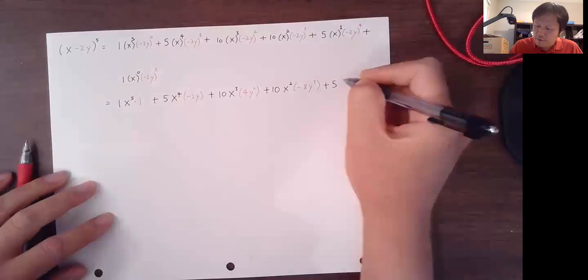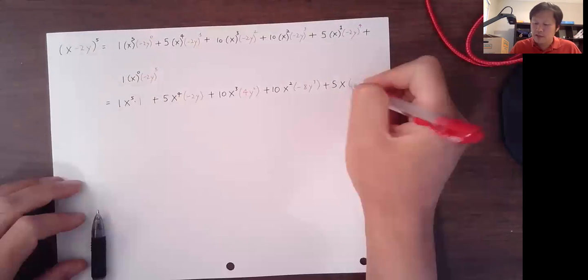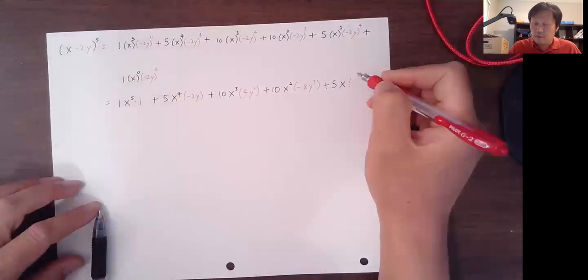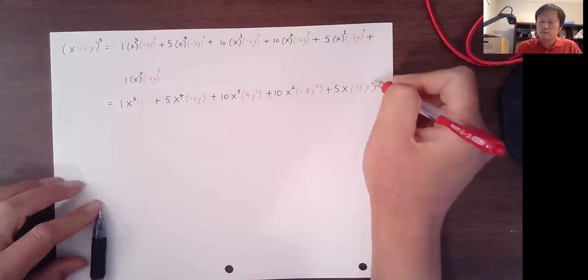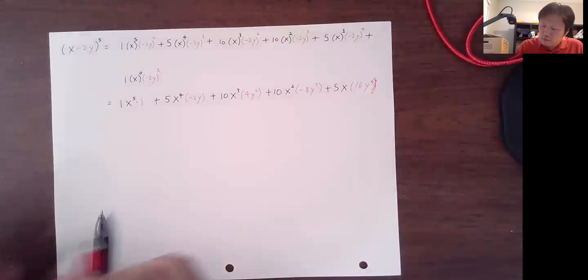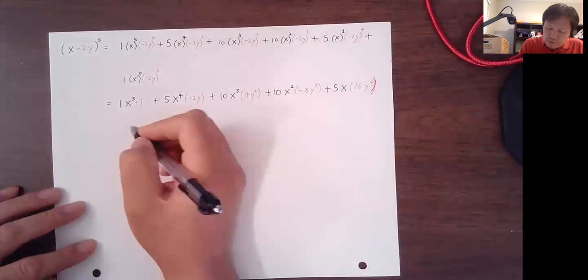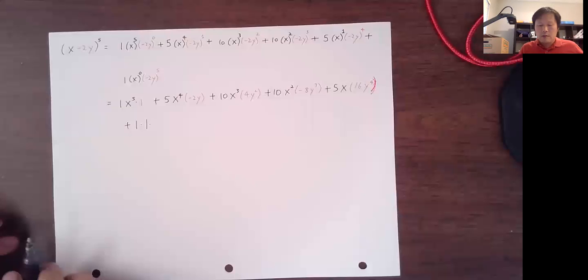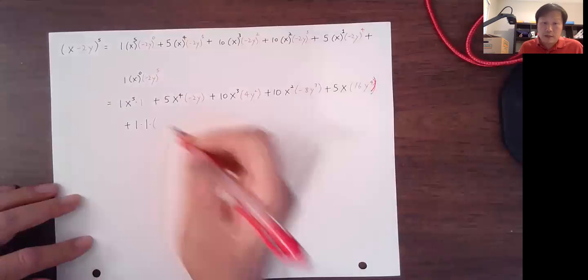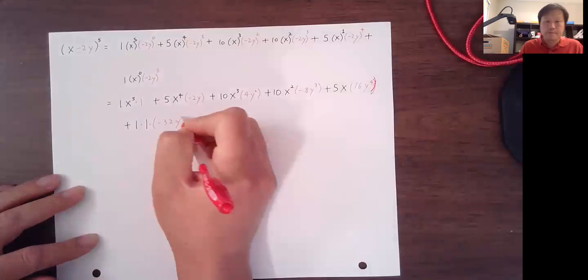Plus 5x, 4th power, minus disappears, 16y to the 4th power. Then plus 1 times 1 times the 5th power, so minus will survive, minus 32y to the 5th power.